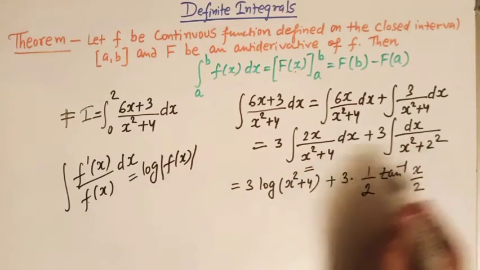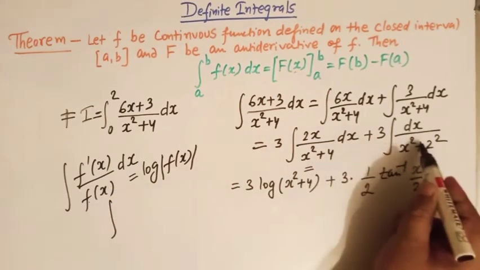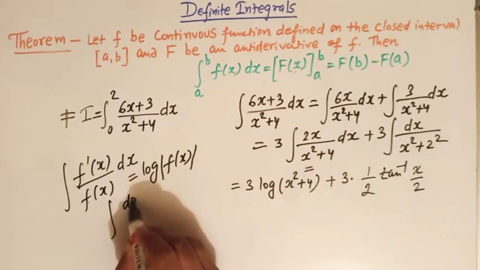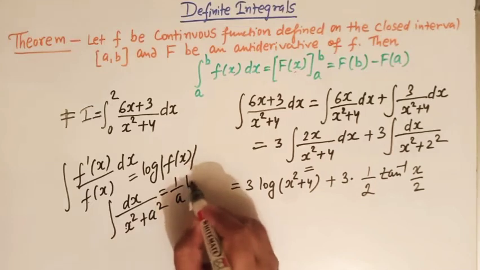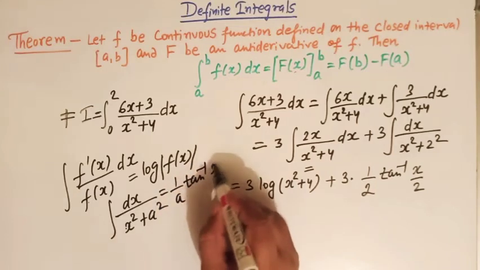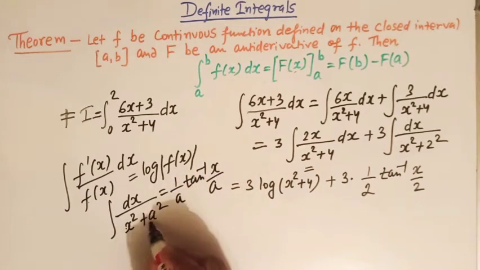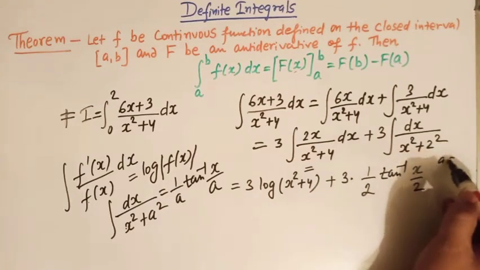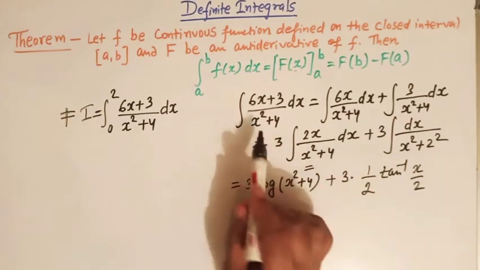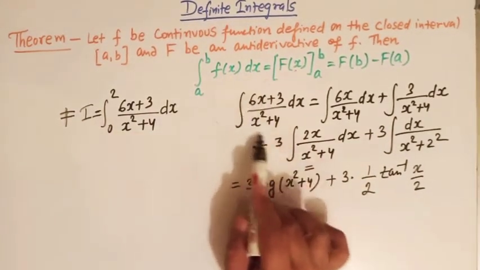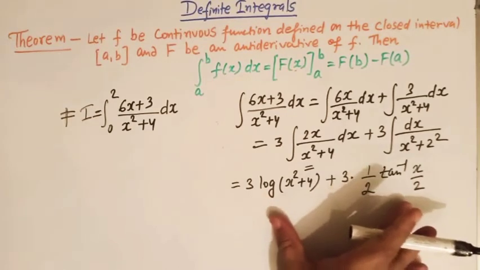And when we have an integral like this, that is dx over x square plus a square, then this is 1 over a tan inverse x over a. So here for a we have a is equal to 2, right?